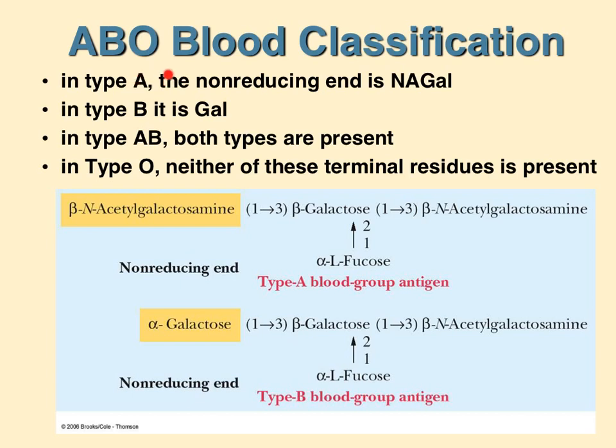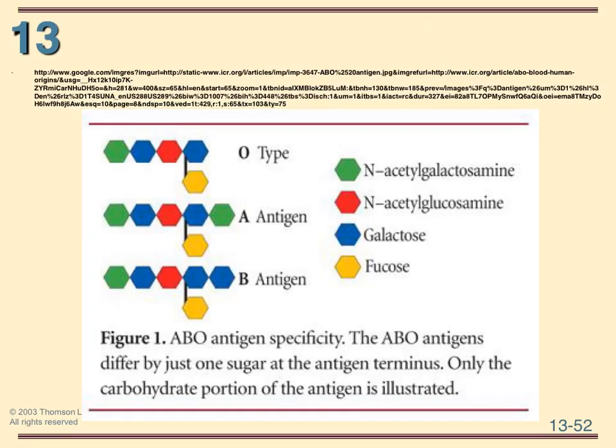But in A, you have an NAG. In B, it's just a galactose. It's just, does it have that N-acetyl group? In AB, both are present, and in O, neither one is there. I like this one because it shows you how similar they are, literally a single acetyl group between A and B. It's N-acetylgalactosamine versus a galactose.